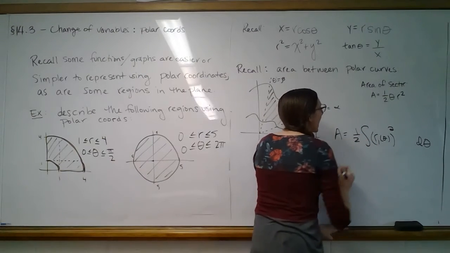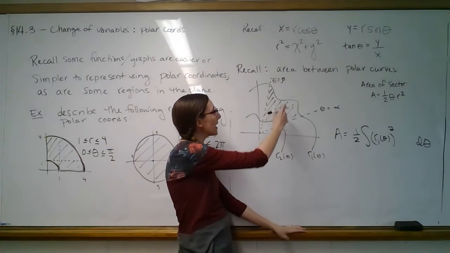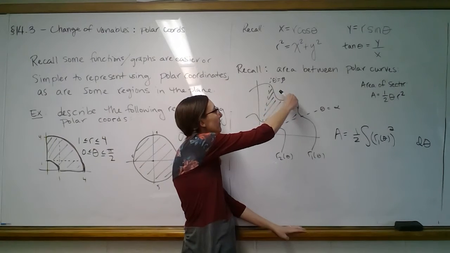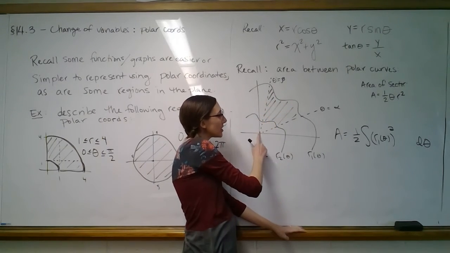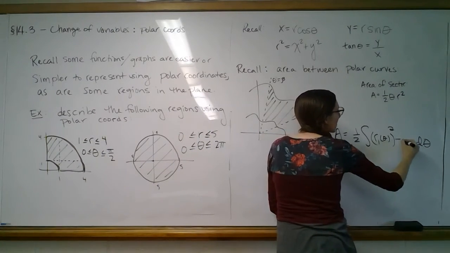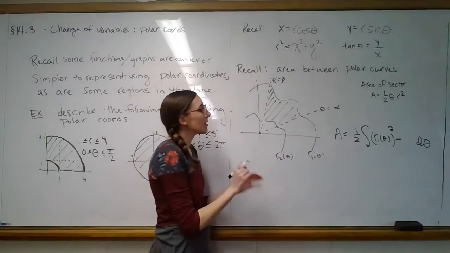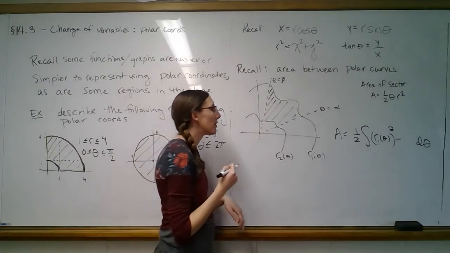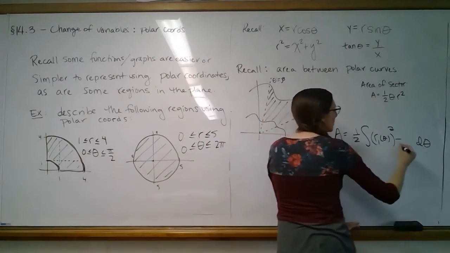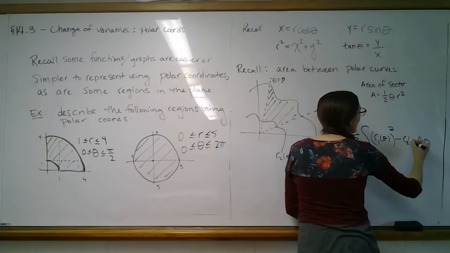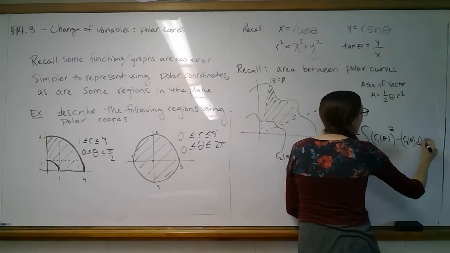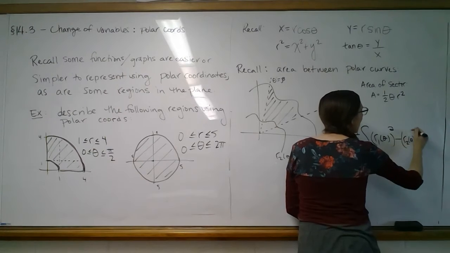I'm just going to pull the 1/2 out. So that would be the full area from here all the way to the origin, and then we would subtract off the inner area, where you can factor out the 1/2 and the theta to just have R2 of theta quantity squared.